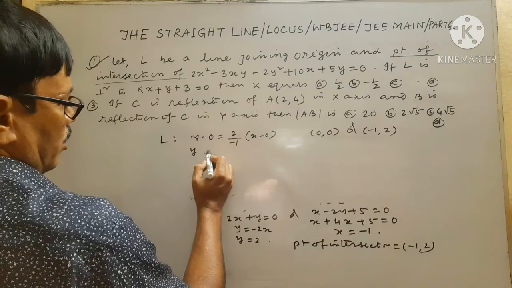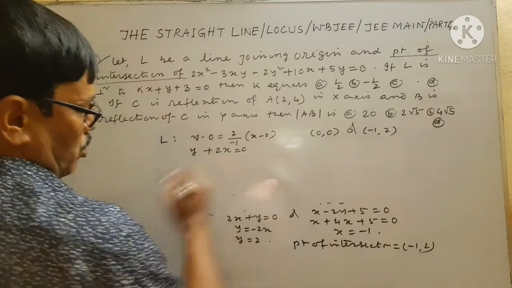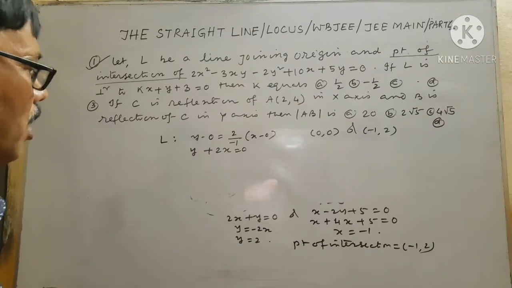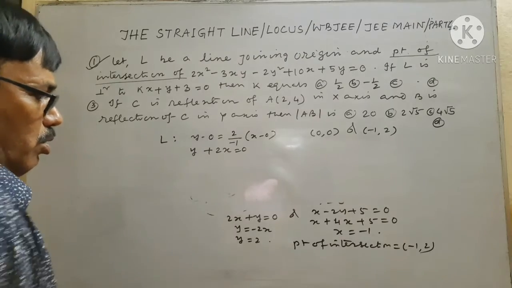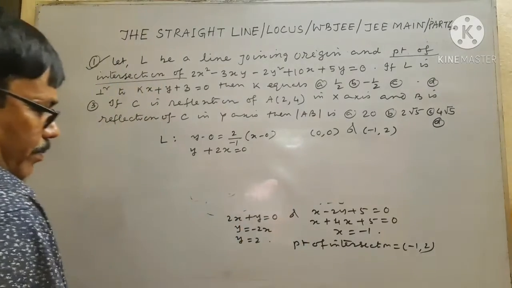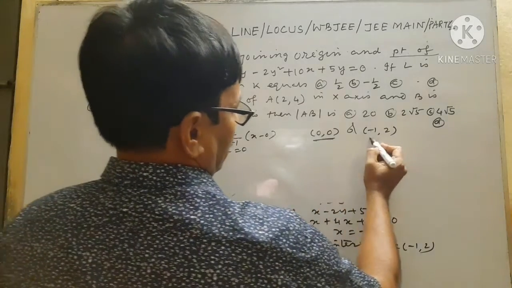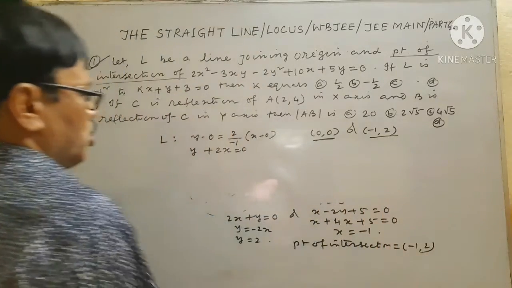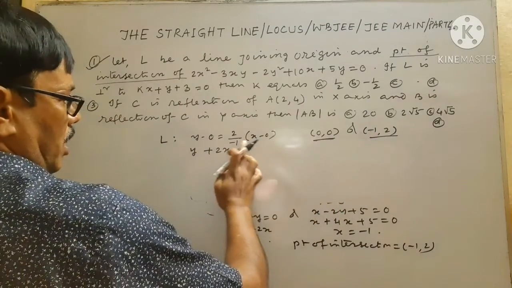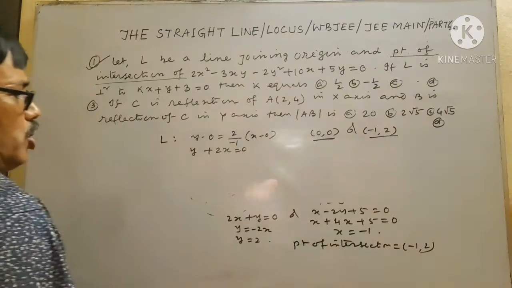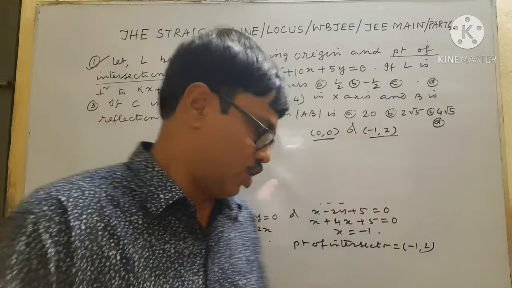So this implies y plus 2x equals to 0. Let us verify again. So y plus 2x equals to 0.